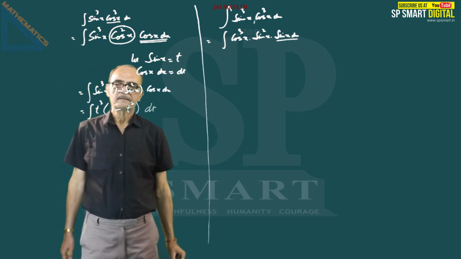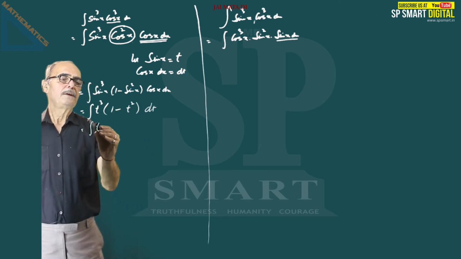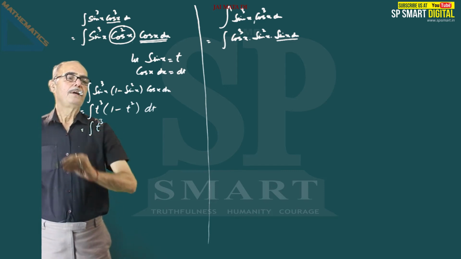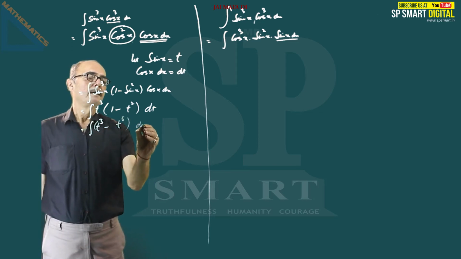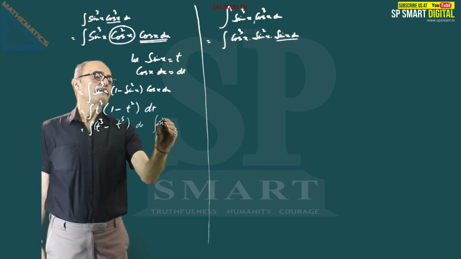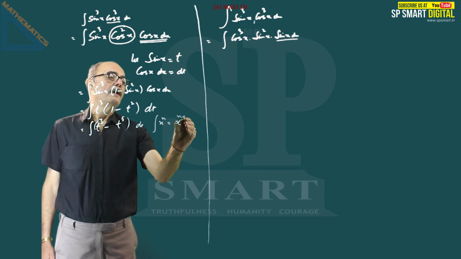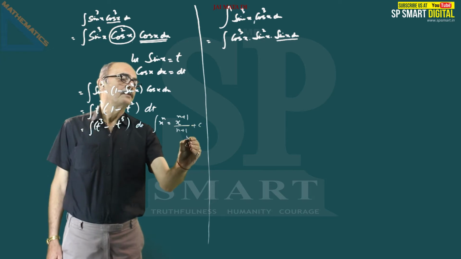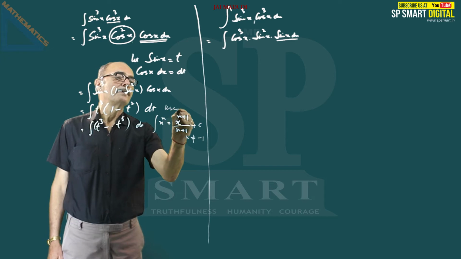Let us open the brackets. So, this is t cube minus t raised to power 5 dt, and apply the first formula: x raised to power n as x raised to power n plus 1 upon n plus 1 plus c, of course, n not equal to minus 1.